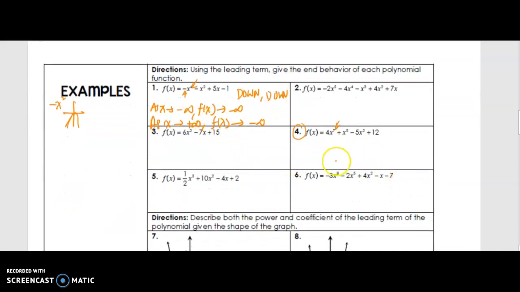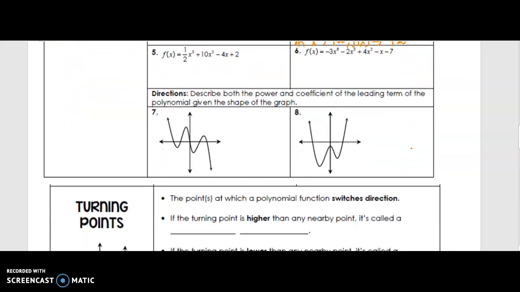So here, as x approaches, so it is down and up, by the way. So as x approaches negative infinity, f of x approaches negative, and as x approaches positive infinity, f of x is going positive infinity, and so on and so forth. Okay, I want you to try the others.